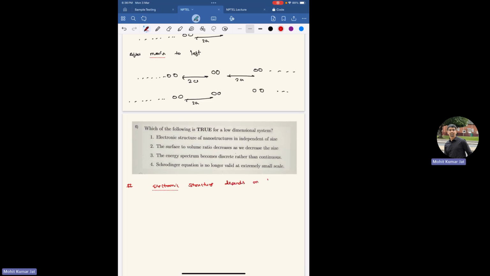That we know, right? Because K is at pi by A, and we know that at those points the gap will open up. We will study the electromechanical model. If one can alter the lattice constant A, the band dispersion can be altered. So the electronic structure depends on the nanostructure size. Of course, it depends.